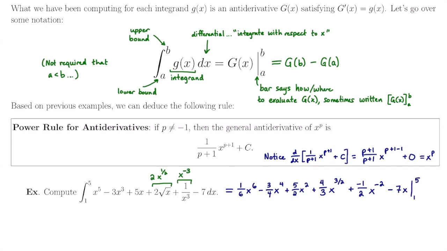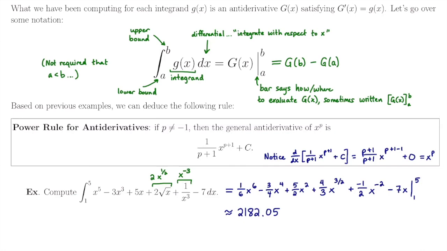So written this way, we're going to plug in 5, subtract off plugging in 1. And if you do that in your calculator, because this is way too hard to evaluate by hand, you get that the area under our integrand function between 1 and 5 is approximately 2,182.05 square units of area.